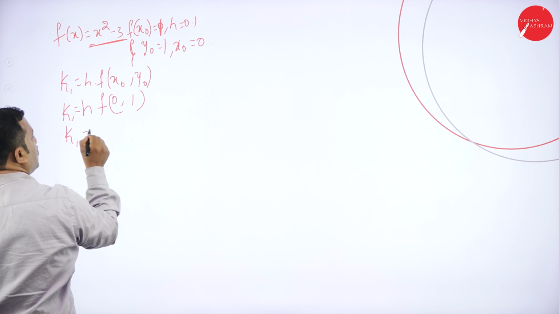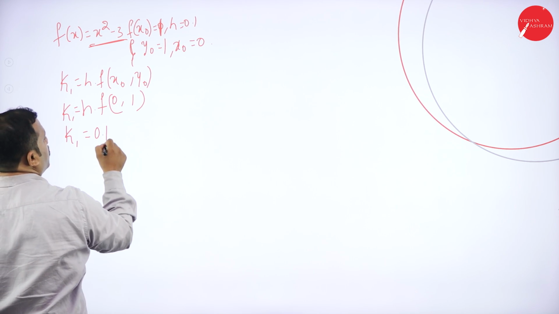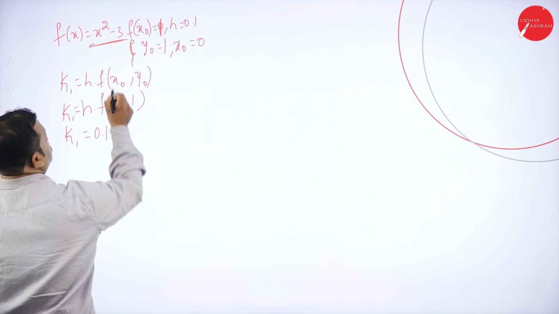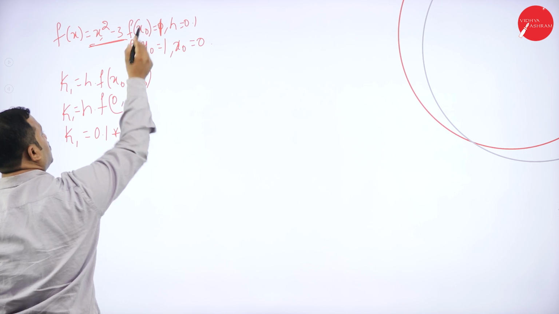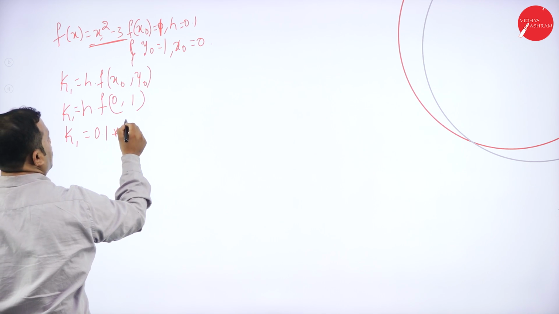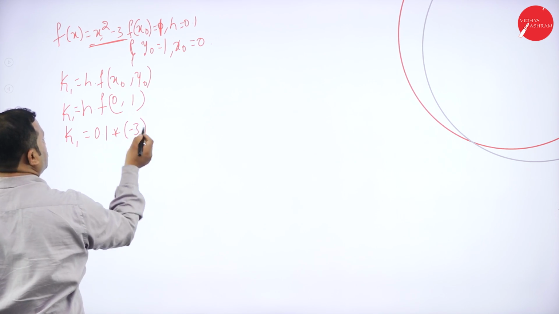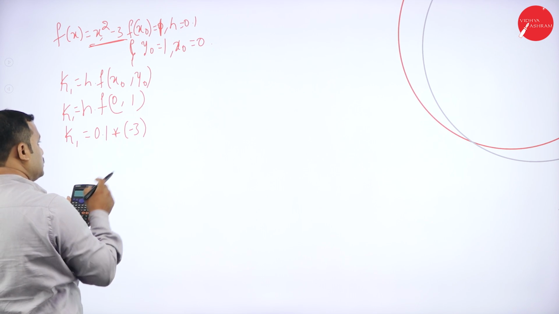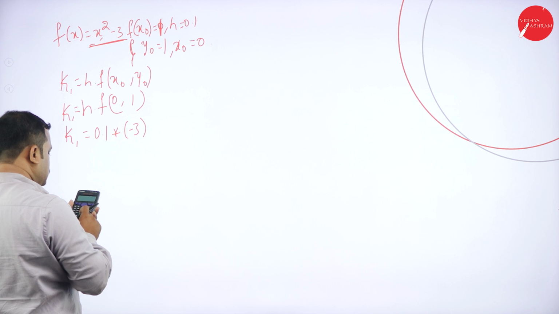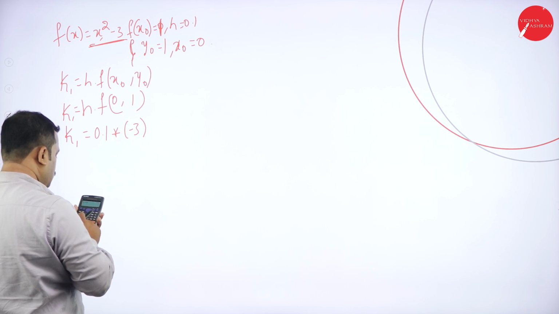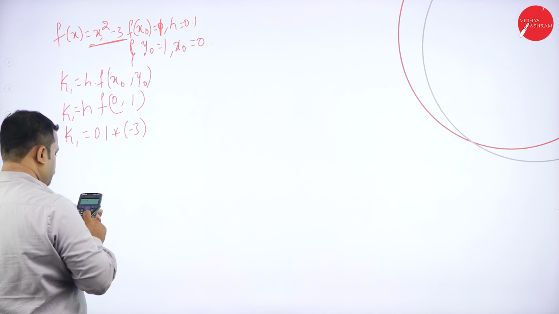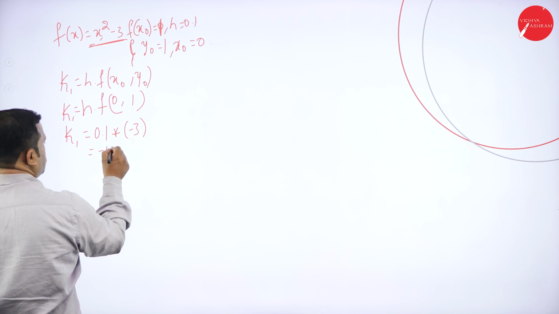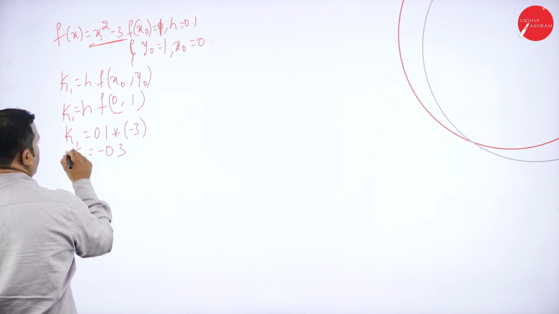If that is the case, k1 is equal to h, that is 0.1, into this term, 0 square minus 3. That is minus 3. If that is the case, 0.1 into minus 3 is minus 0.3. That is the value of k1.